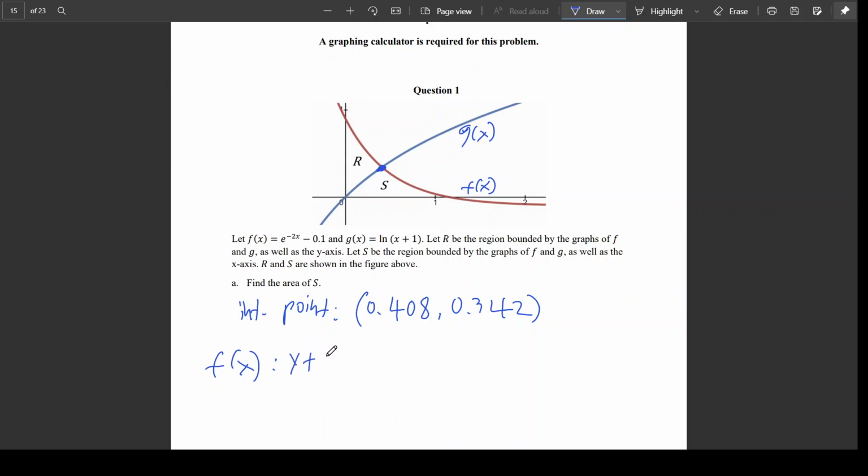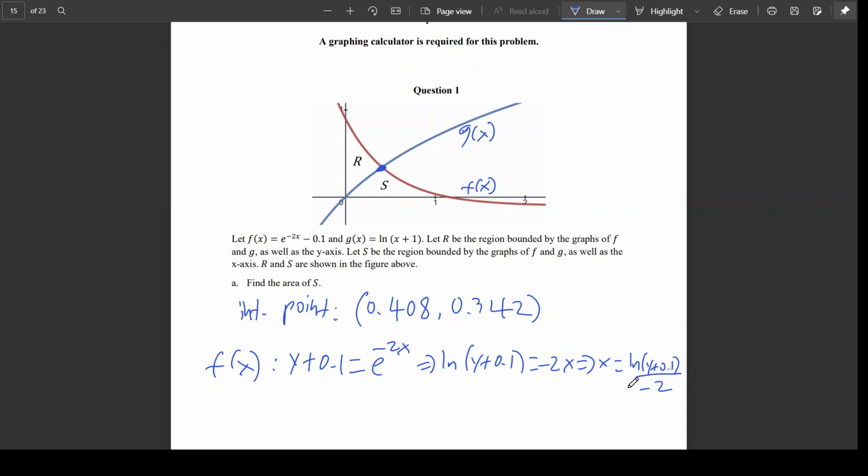So I get y plus 0.1 equals e to the negative 2x. I'll take the natural log of both sides, and I get the natural log of y plus 0.1 equals negative 2x. Then I can solve this for x, and I get x equals ln of y plus 0.1, over negative 2.